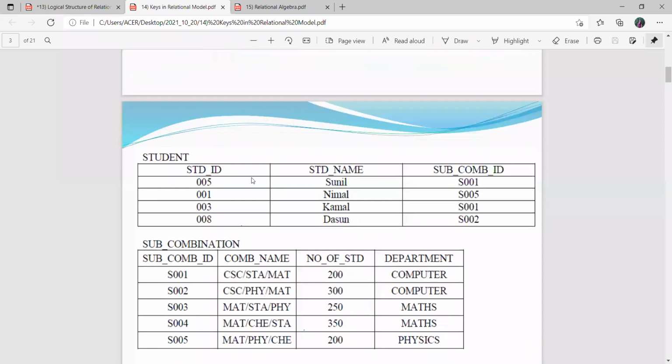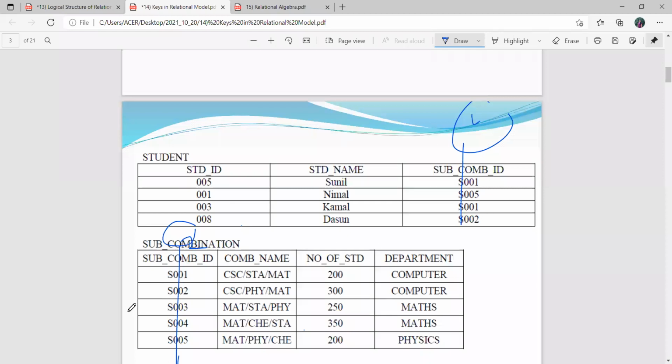As an example, you can see these two tables. This is the student ID. This is the student table and this is the subject combination table. There are two tables, student and subject combination. You can see this table consists of this attribute and this table also has this attribute.